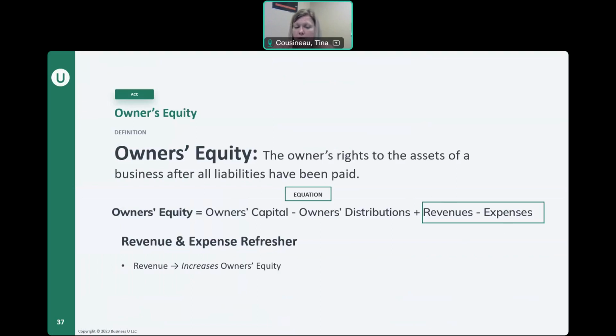If I sell something, I get money, and so I'm increasing the money in the company. So it increases your owner's equity. If I have an expense, I decrease owner's equity and I decrease the net income of the business, right? So revenue increases owner's equity, expense decreases owner's equity.